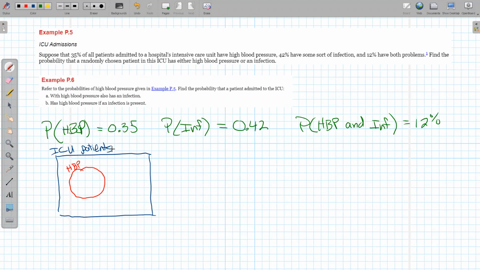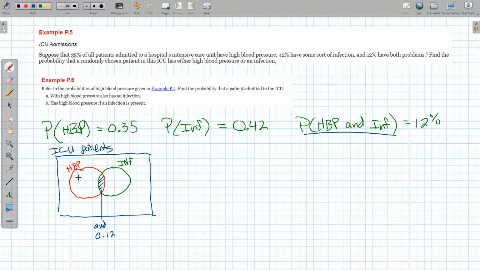Then let's go green for having an infection. And then let's say blue. The probability that they have both high blood pressure and an infection is this region in the middle where they overlap. That is the and, having both of them, and that's the 12% or 0.12.